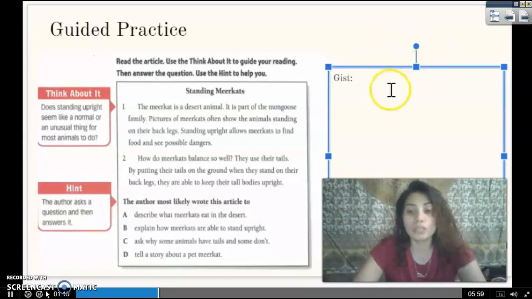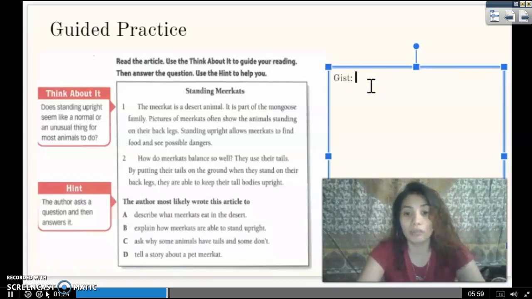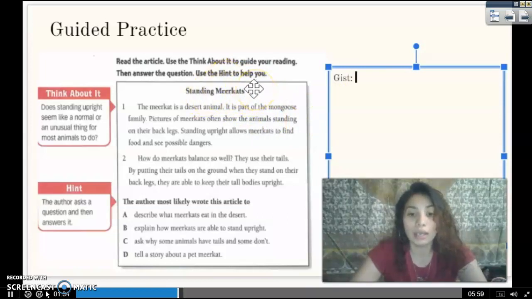Okay, let's move on to the gist. What is the text mostly about? Remember, when we're thinking about the gist, we want to think of what's happening, who it is about, and maybe why. Let's start with the title. The title says Standing Meerkats, and in the text keywords such as meerkats were repeating and the word standing kept repeating.